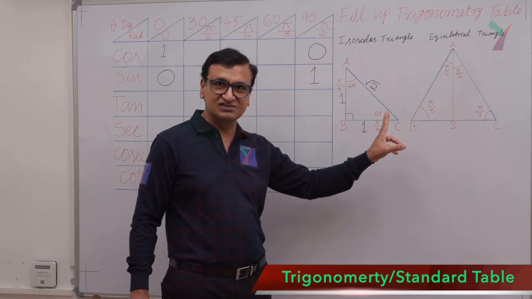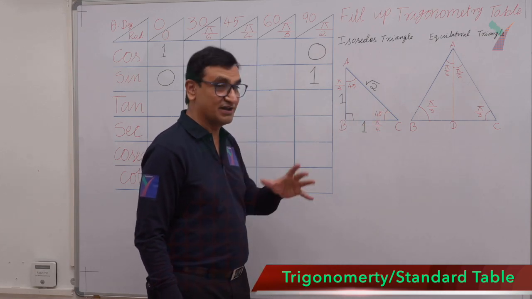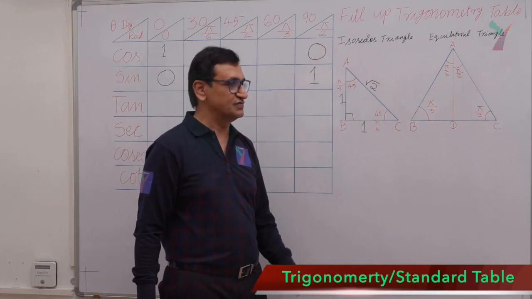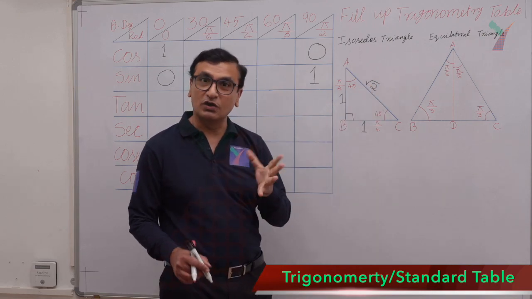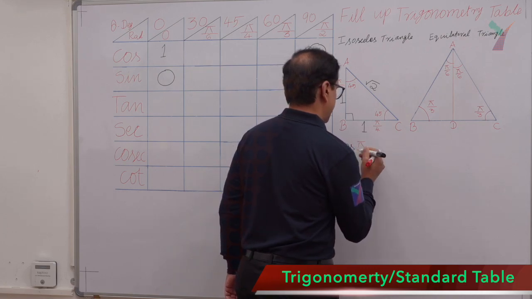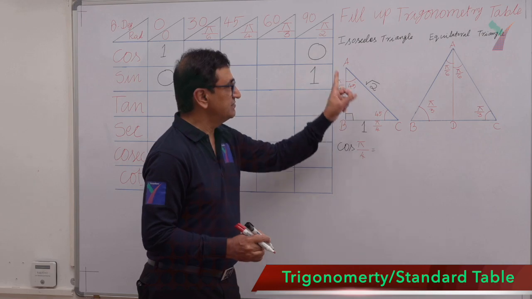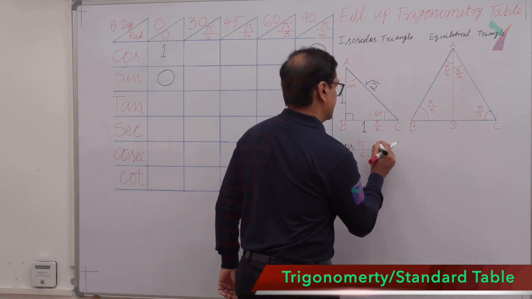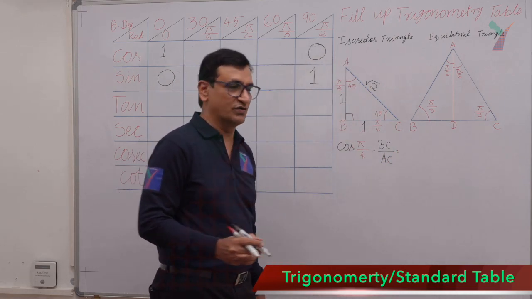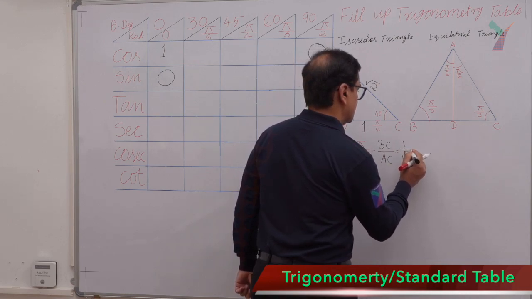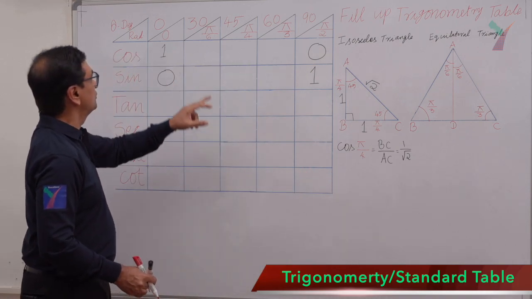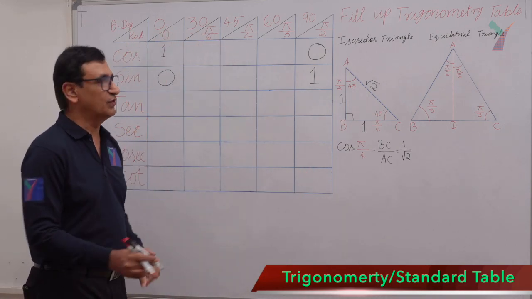So if this angle is theta, cos pi by 4 is the adjacent side divided by the hypotenuse, BC divided by AC, which is 1 divided by square root of 2. So let me transplant this value to the cos pi by 4, 1 over square root of 2.